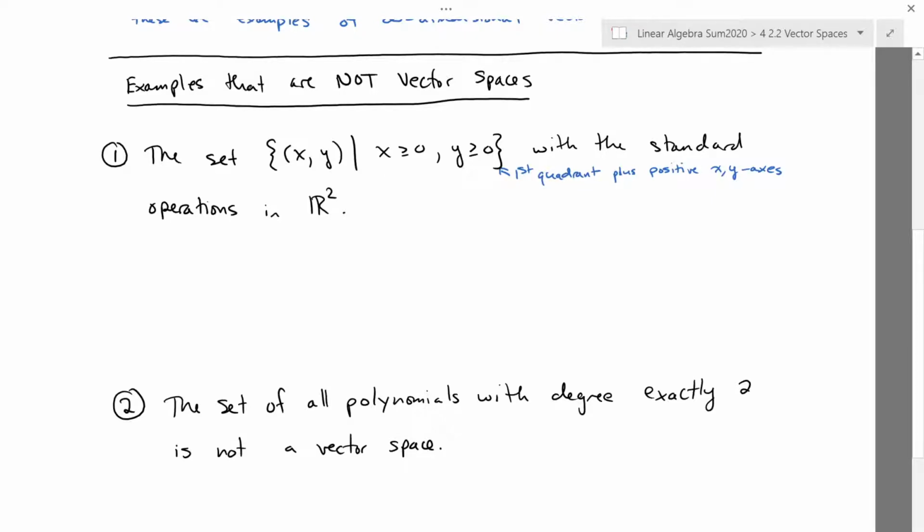In terms of vector addition, you can see that it is closed under vector addition, because if you take two vectors that have non-negative coordinates and add them together, the coordinates will stay non-negative. Adding two positive x coordinates gives a positive number, and adding two positive y coordinates is also a positive number.